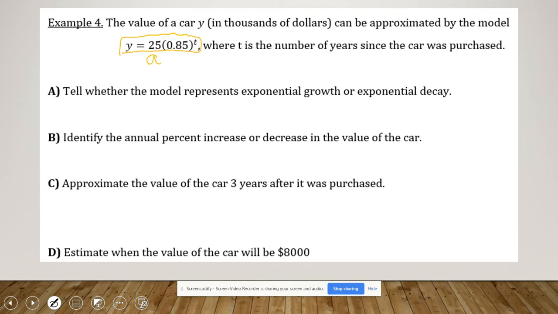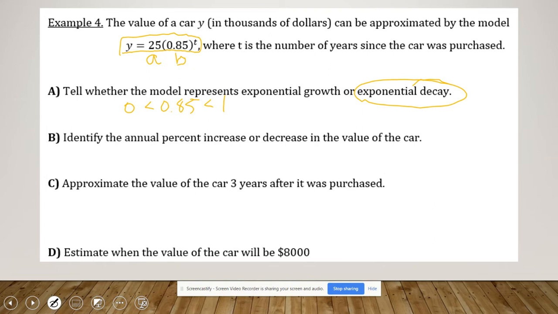Now remember in our last set of notes that A was after the equal sign and B, or your base, was in parentheses. So if I'm looking at that base of 0.85, I'm saying, well, that's between 0 and 1. If it's between 0 and 1, then this is an exponential decay problem.